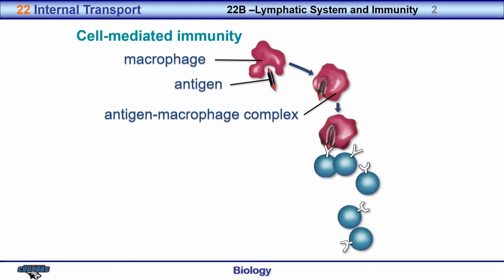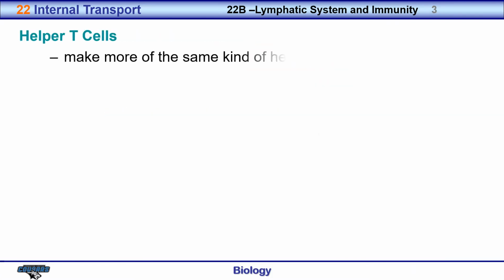Now, the helper T cells are going to be activated, and they're going to make more of these, and they're going to help out the macrophage as it seeks to eat and destroy the antigen. So those are the helper T cells that are helping out the macrophage. So helper T cells make more of the same kinds. In other words, they make more of each other.